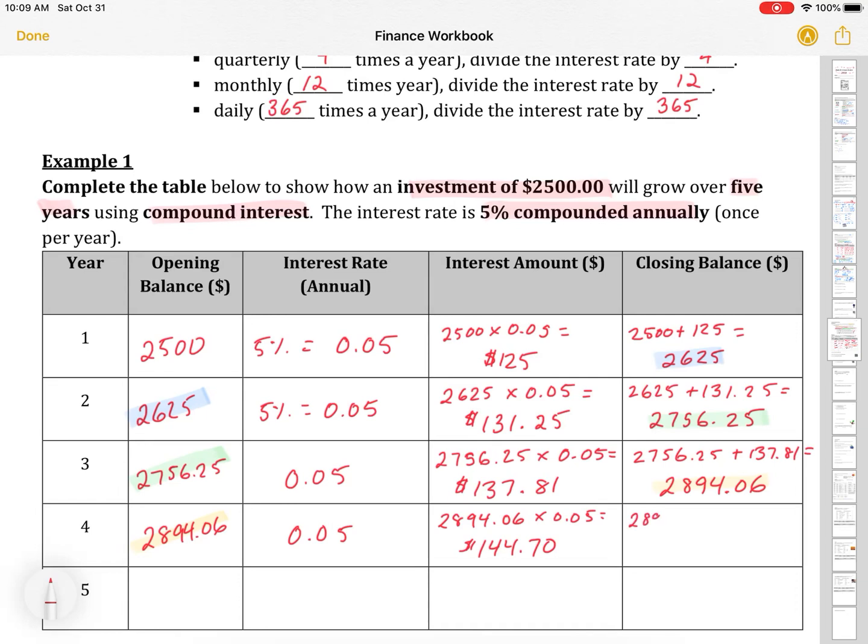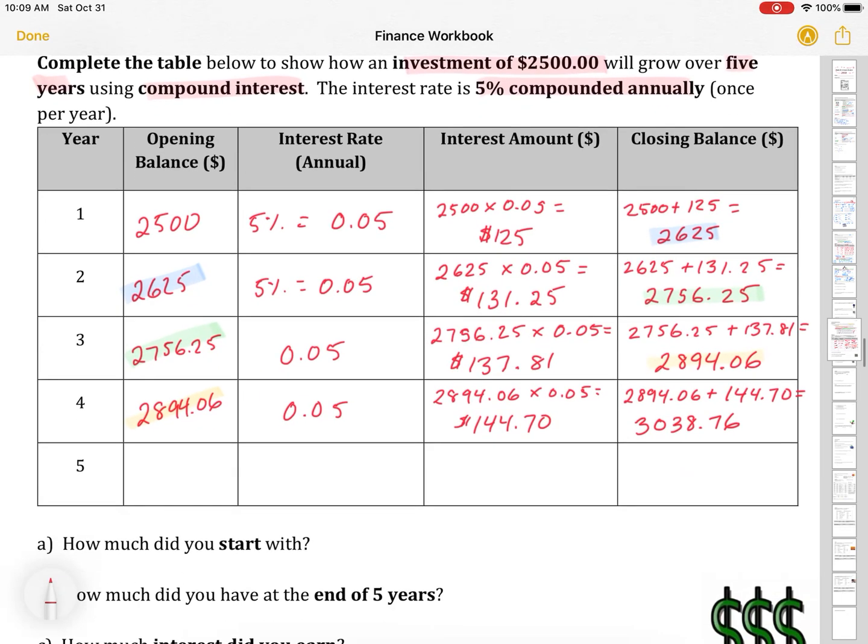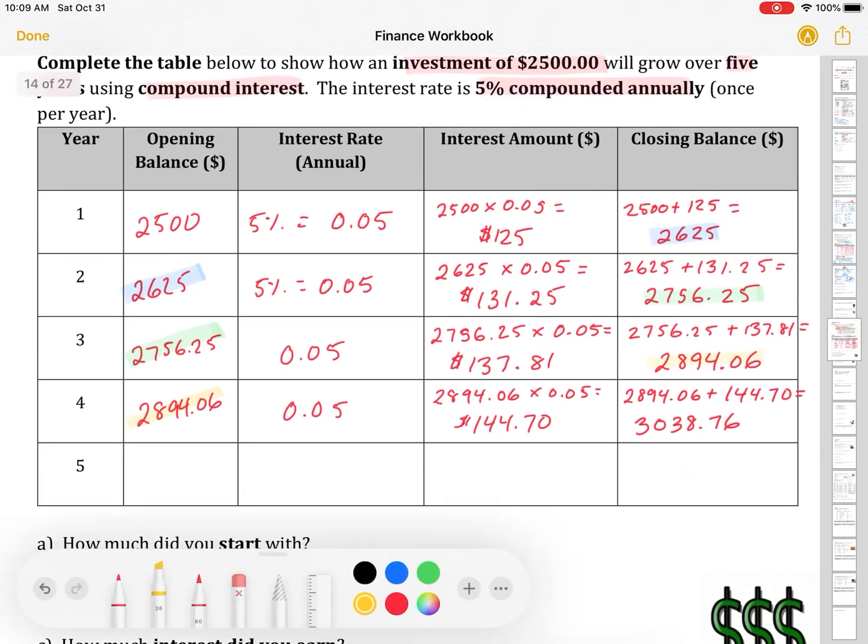So 2,894.06 plus 144.70 equals 3,038.76.